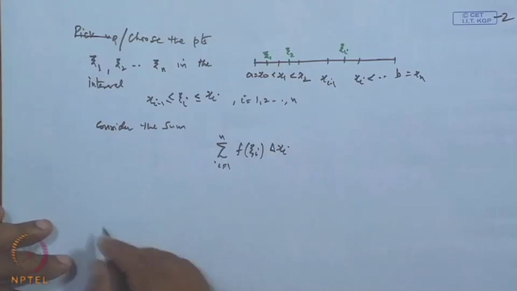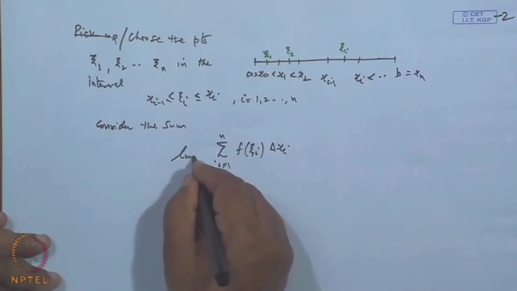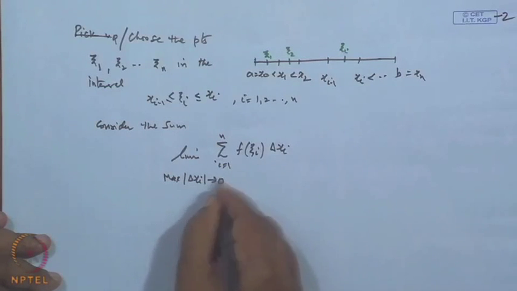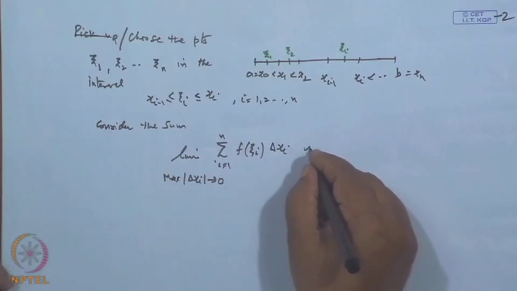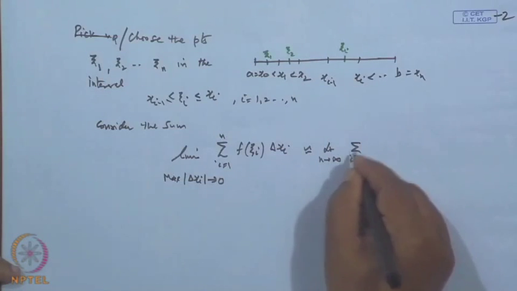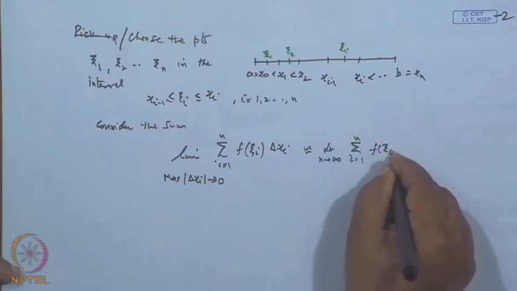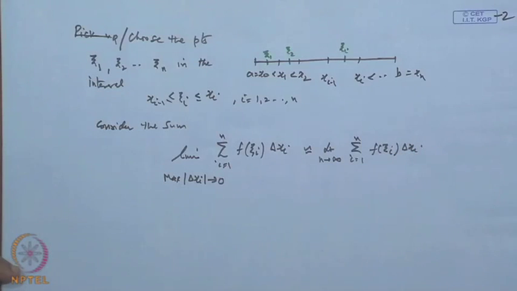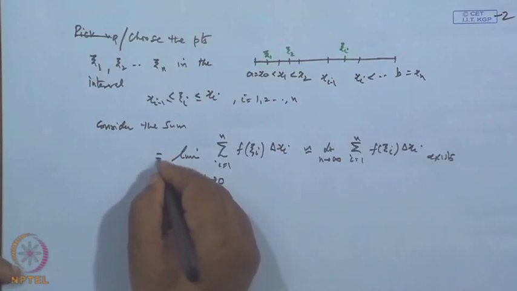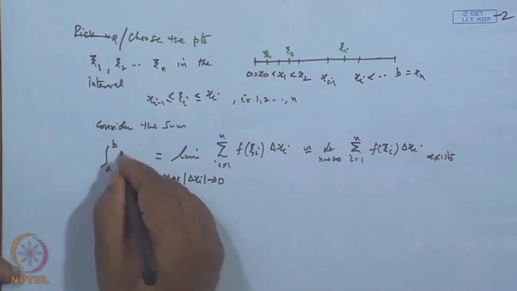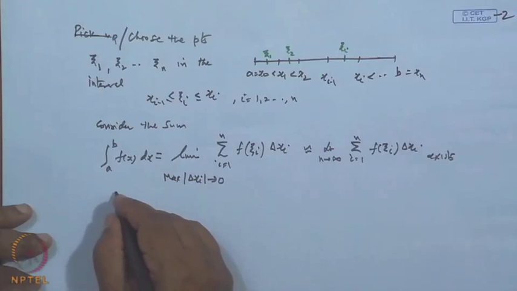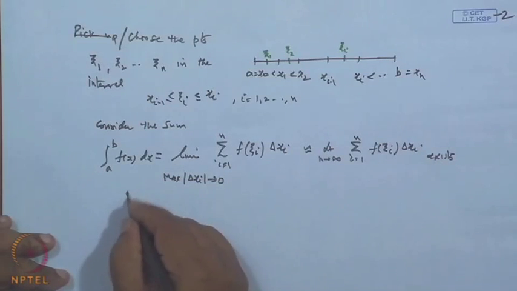Take the limit of this sum when the maximum of the length delta xi goes to 0, or this is the same as the limit as n tends to infinity of the sum over i from 1 to n of f of xi delta xi. If this limit exists, then denote this limit as the integral from a to b of f x dx.